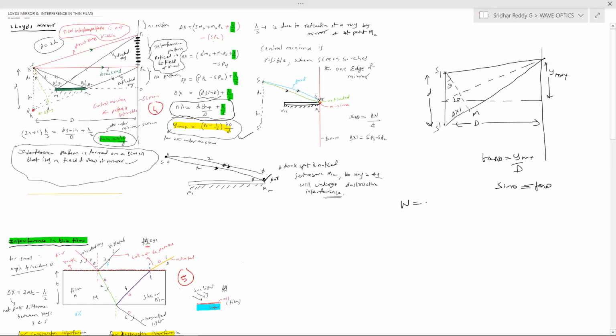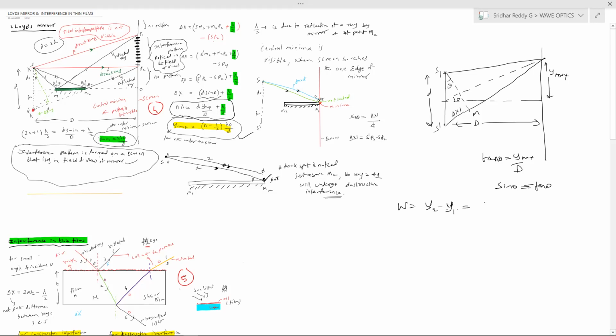Fringe width should be equal to, put n equal to 1 and n equal to 2, so fringe width is y2 minus y1.